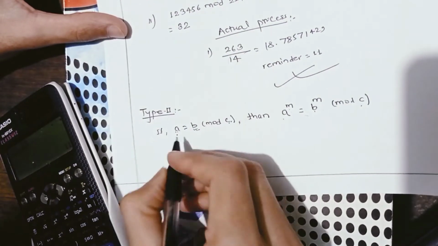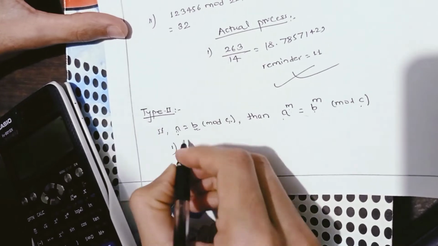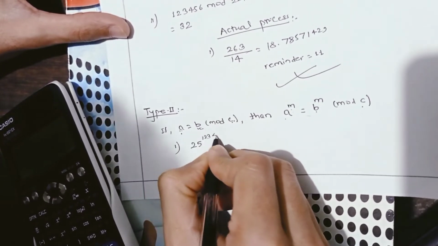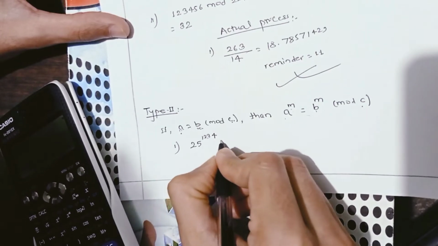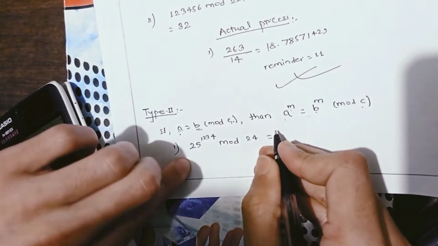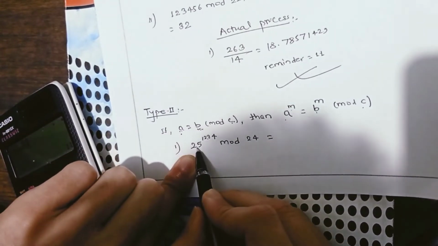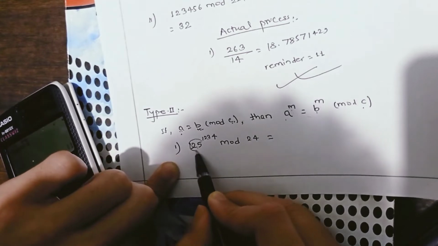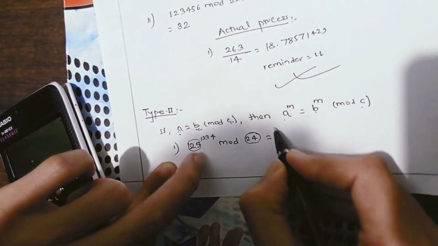Now let's take example number 1. 25 to the power 1234 mod 24 is calculated as follows. First, if 25 is divided by 24, we get the remainder 1.